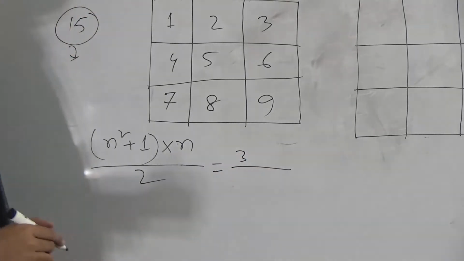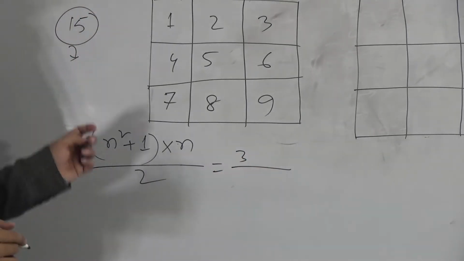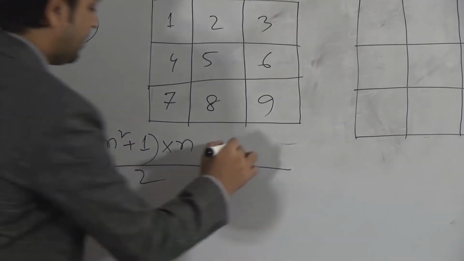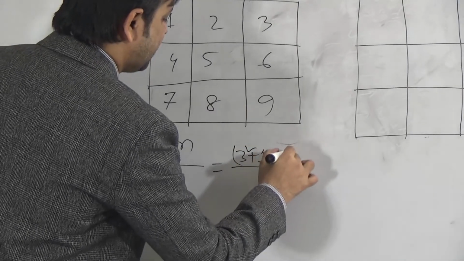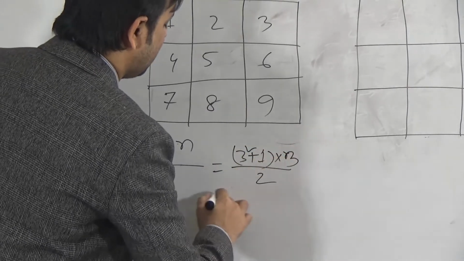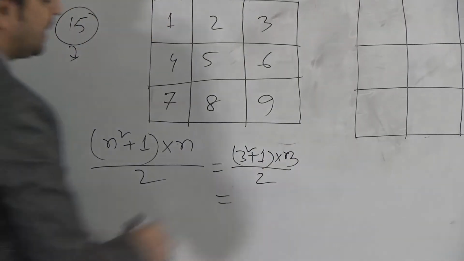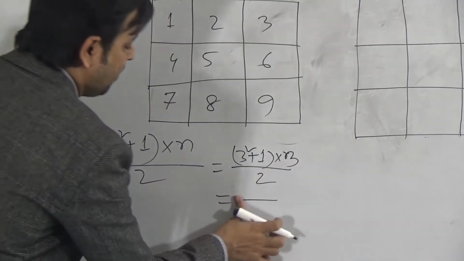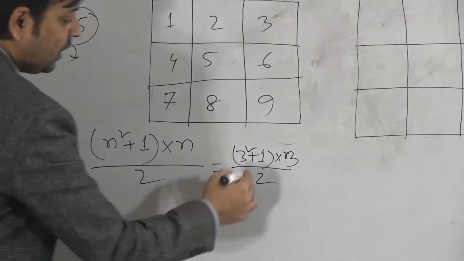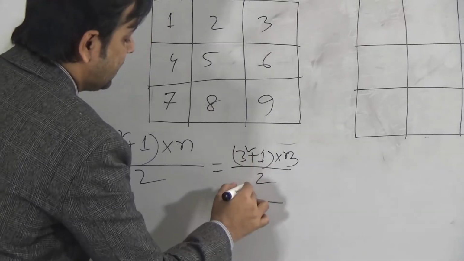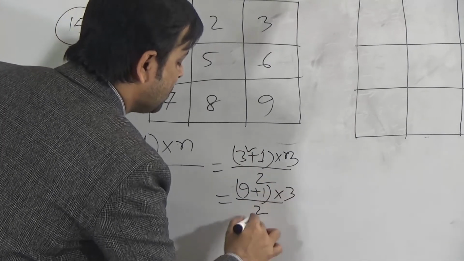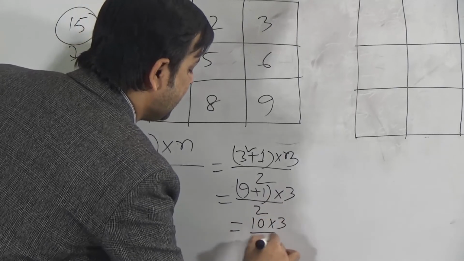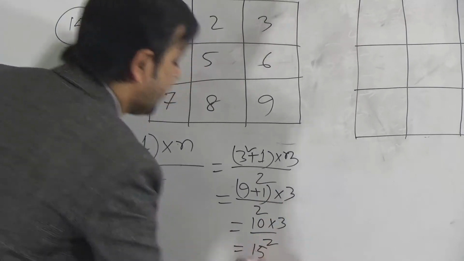If we determine the magic number of order 3, this will be 3 squared plus 1 into the value of n, which is 3 as order is 3. So what will be the magic number here? 3 3s are 9 plus 1, 10, into 3 divided by 2. If you calculate, you will get 15.